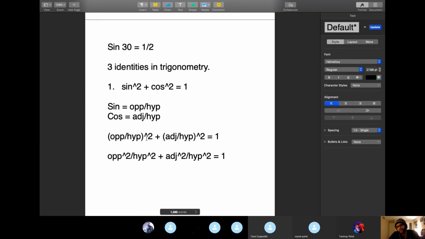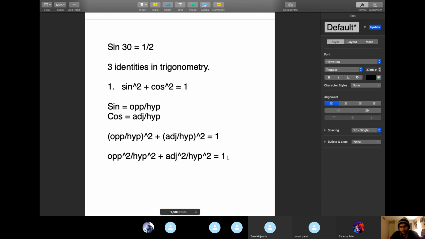So if you have a fraction which is like 1 by 8, and if you want to square it, it becomes 1 squared by 8 squared. Do you know that the square goes to both the numerator and the denominator? Is this making sense so far?